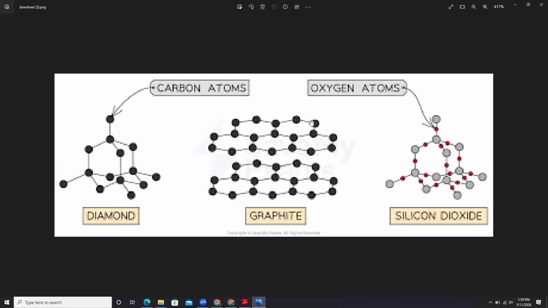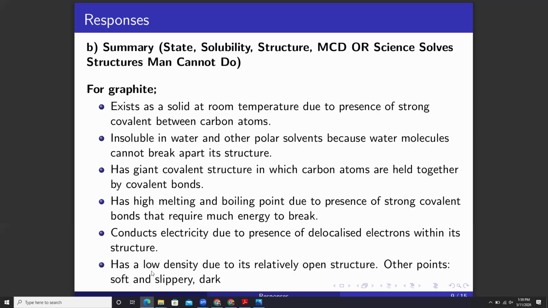There is this layer up and this layer down. Those layers within its structure can slide over each other because you have weak intermolecular forces of attraction holding the layers, not holding atoms, holding the layers. The layers are joined by weak intermolecular forces of attraction. So that's why it is soft and slippery. Then also it is dark and opaque.